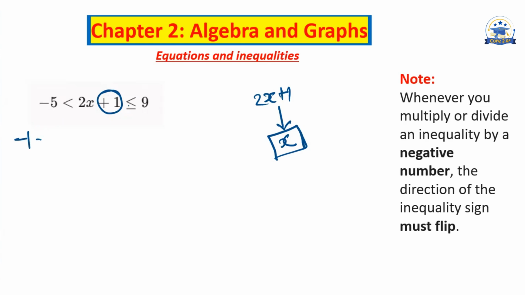Negative 5 is already there, less than or equal. Let me know: the inequality will be changed only if we multiply or divide. Here, what are we doing, multiplying or dividing? Here we are just subtracting.